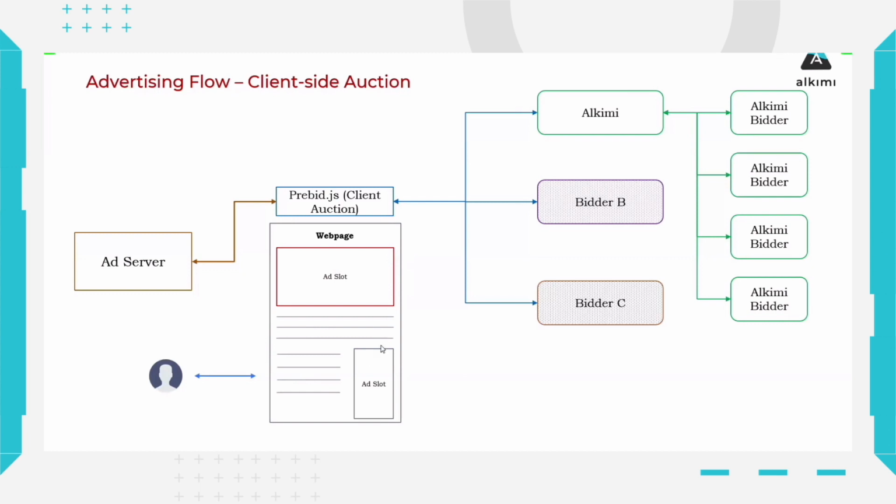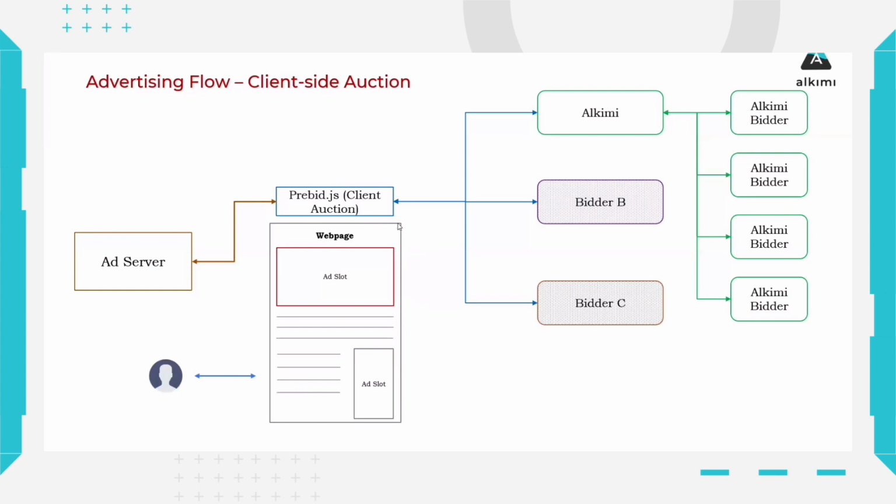Now, there are two ways in which publishers can actually integrate with this system. The first is what we refer to as the client-side auction, where the first level of auction is conducted by Alkimi Exchange by determining which one of these bidders actually provided the highest bid, and that response is sent to the publisher. Now, there's a second level of auction that is conducted by the publisher, and this is on the client's PC, so to say.